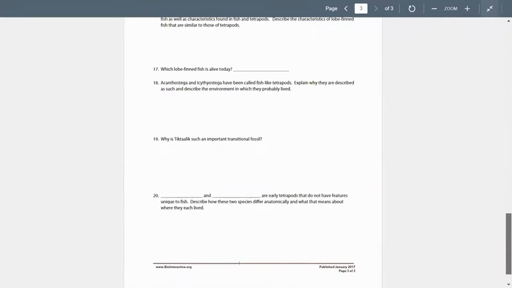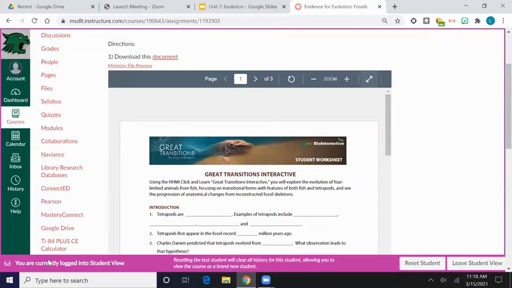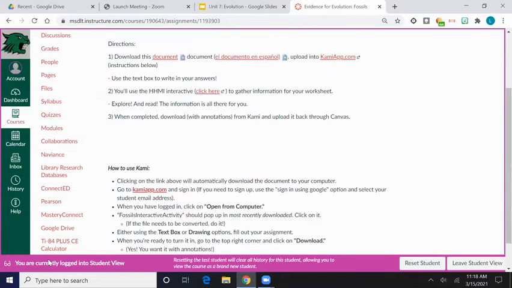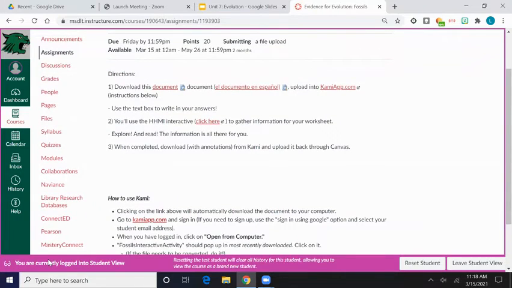Looks long, but like before, there are just many spaces for writing your answers. So you'll download that to your computer. You'll upload it into ICYMI. And if there's any questions on how to do that, I've included instructions again on how to upload it into ICYMI and also download it when you're done.